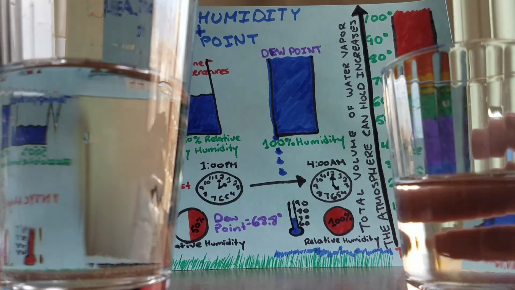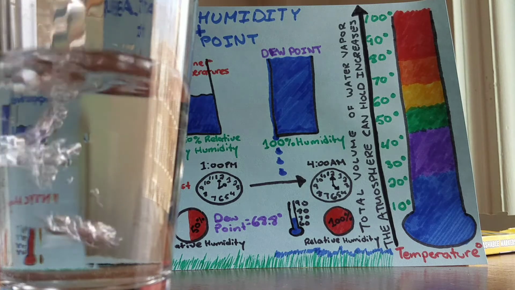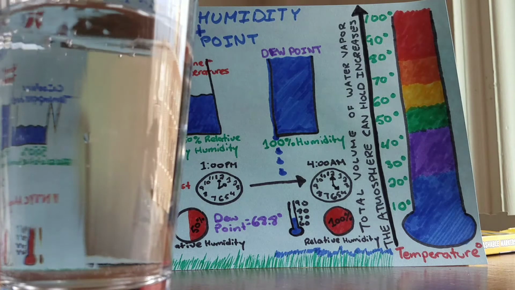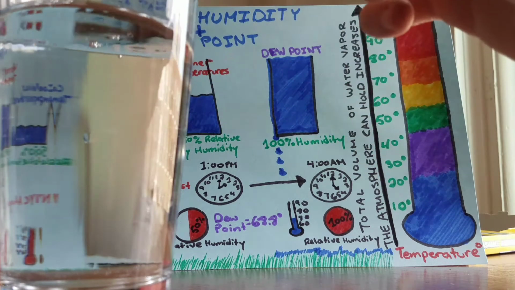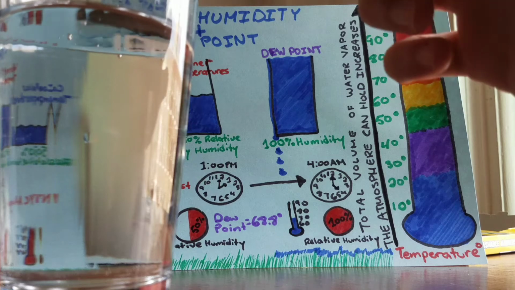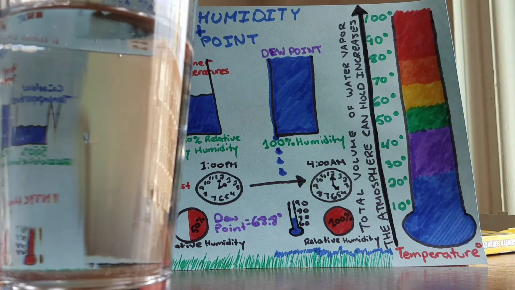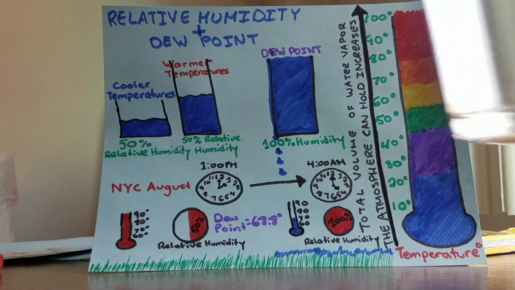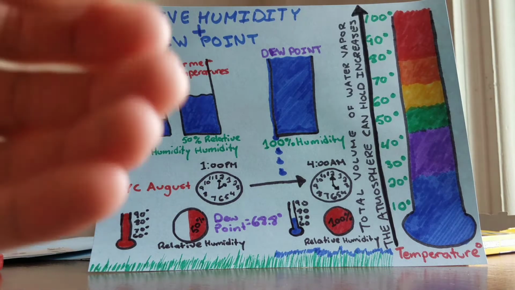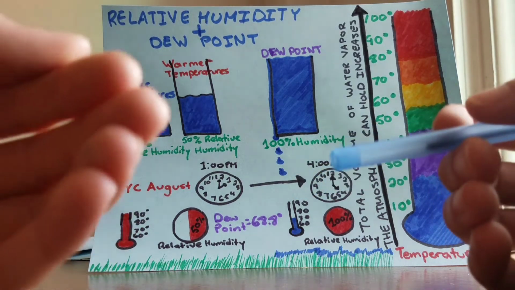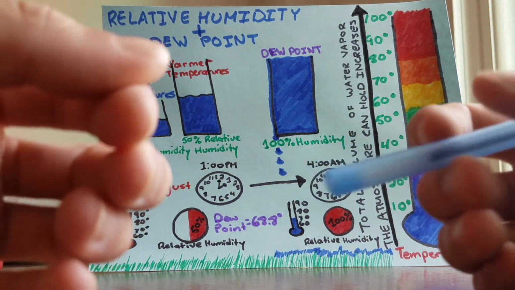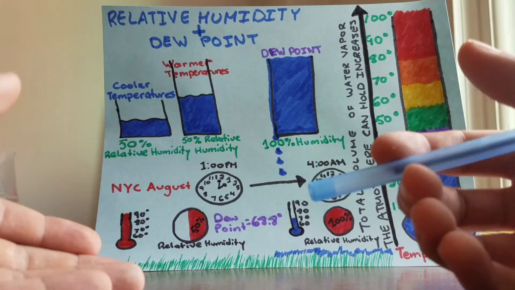Okay, now something called the dew point is when the actual water vapor in the atmosphere is at full capacity. It literally can't hold that much water. So by virtue of relative humidity, that means that the dew point is going to be contingent on what the temperature is.